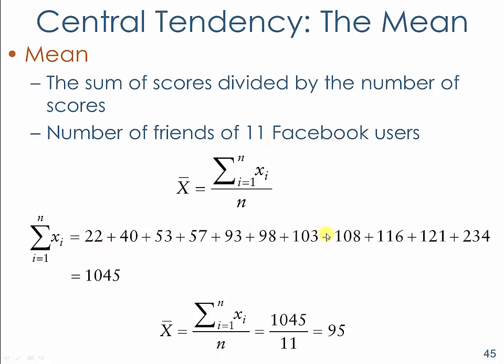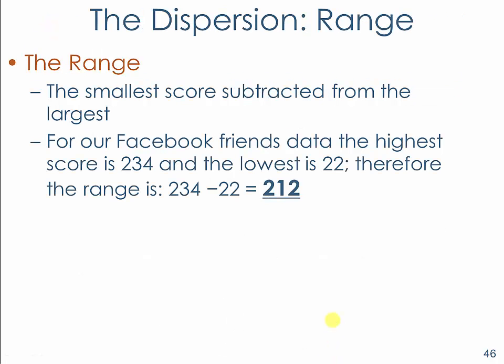Here are each of the numbers of friends that our Facebook users have. This is the numerator part where we're adding all of these numbers up. It comes to 1045, and we divide that by n, our number of observations, in this case 11 Facebook users. So we divide that, 1045 divided by 11, we get 95.